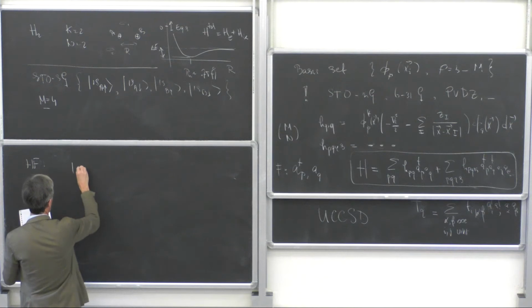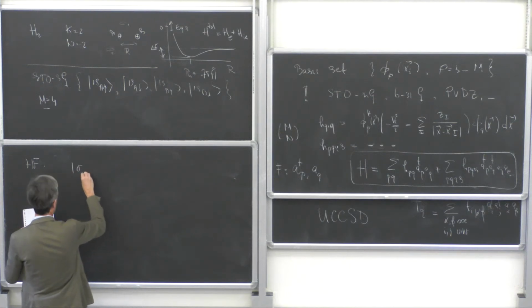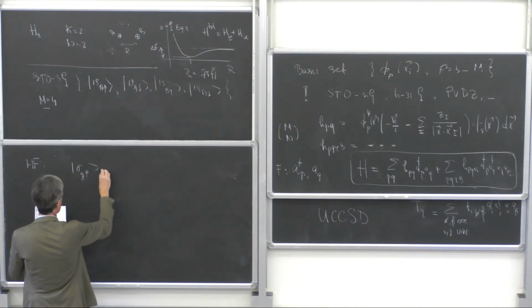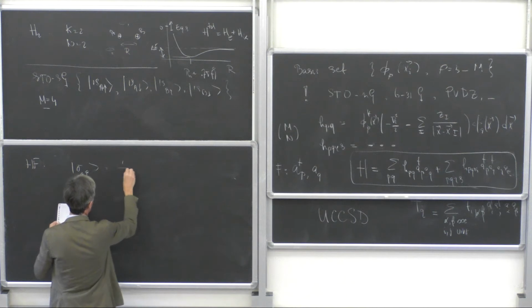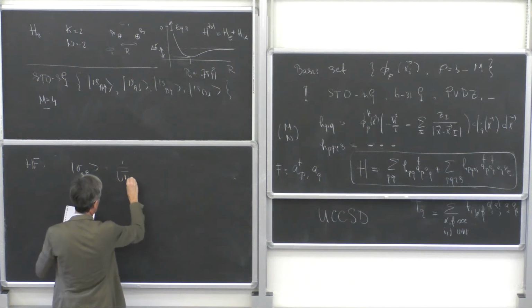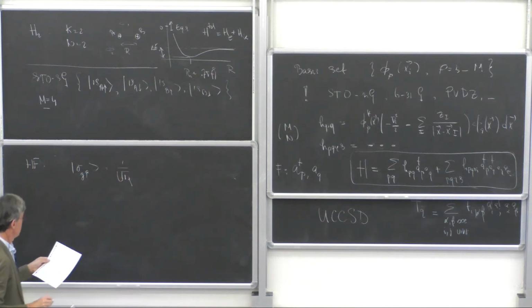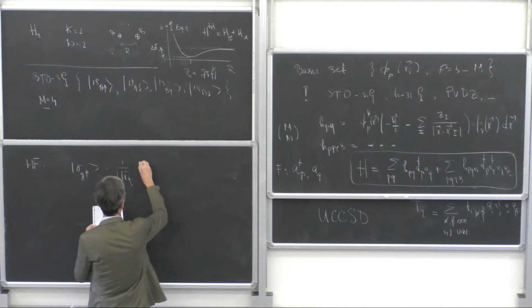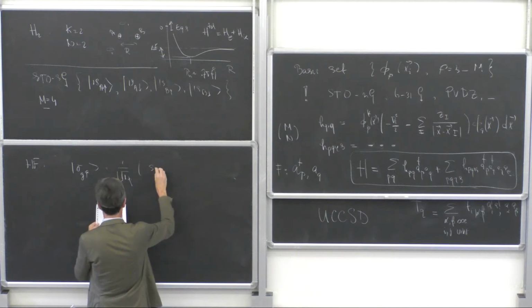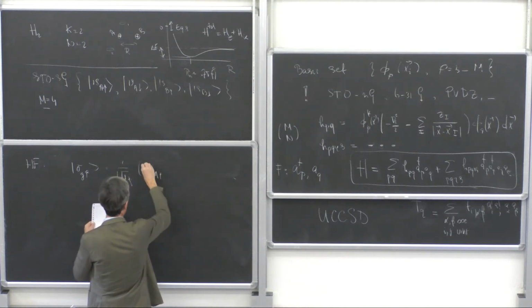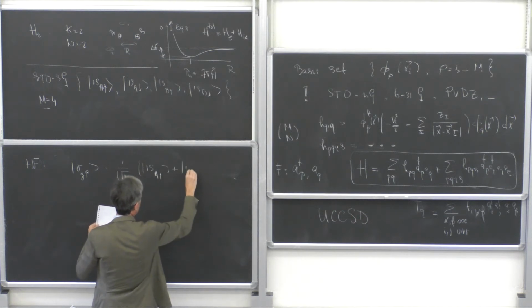The optimal orbitals are like this. There's a sigma g up, which is 1 over some number, not 1 over root 2, a different number, times the 1s A up orbital plus the 1s B up orbital.